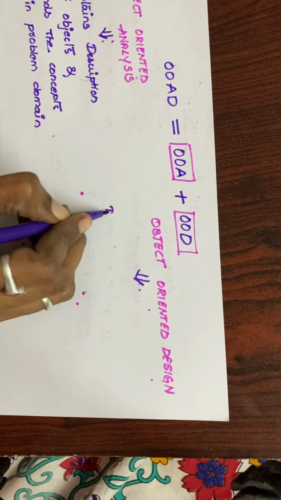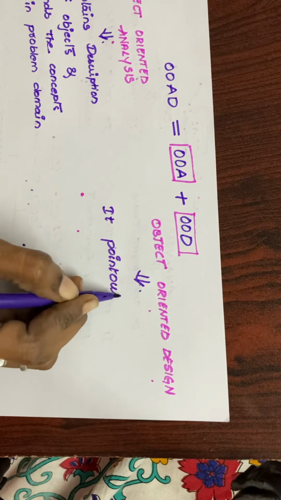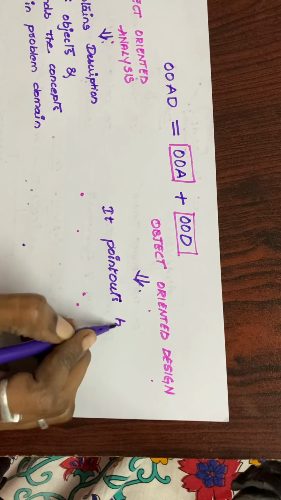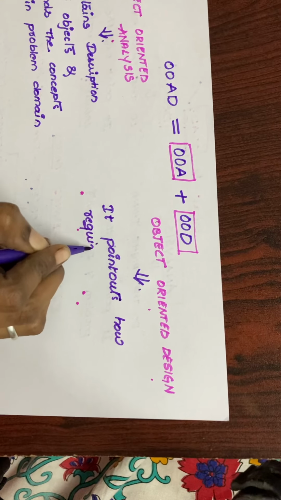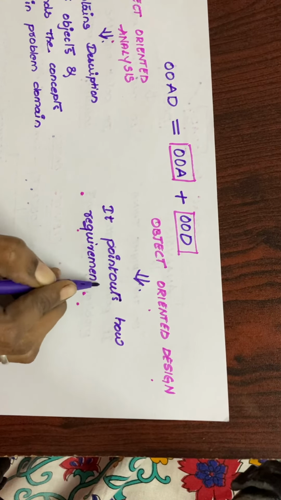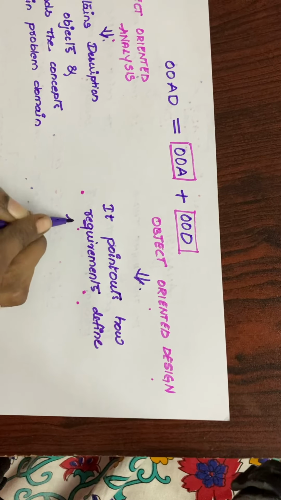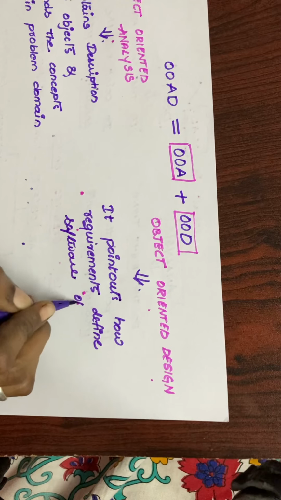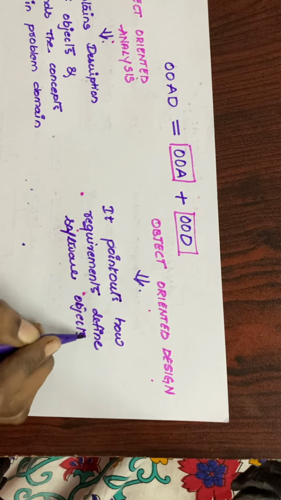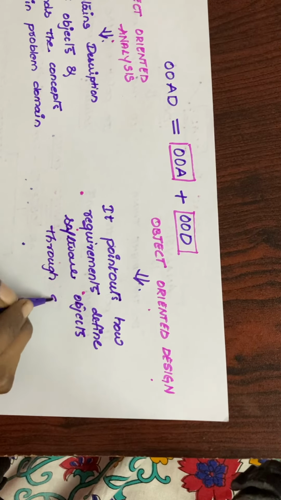Next, coming to object oriented design, it points out how requirements define software objects through design.